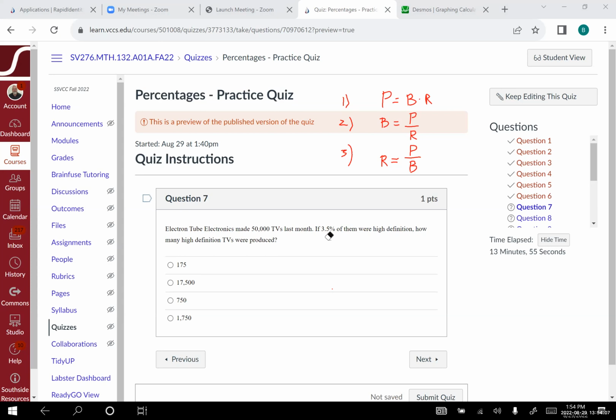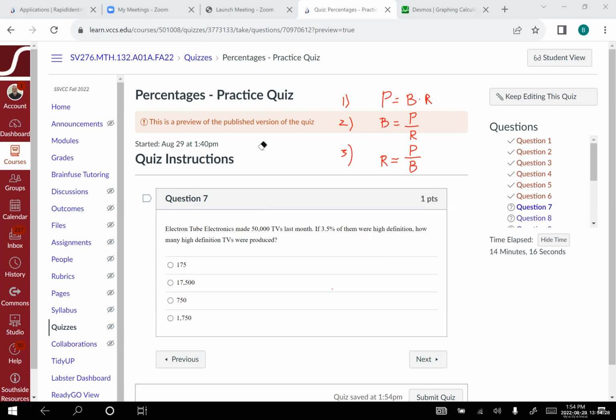Electron Tube Electronics made 50,000 TVs last month. If 3.5% were high definition, how many high definition were there? So we want to know what 3.5% of 50,000 is.